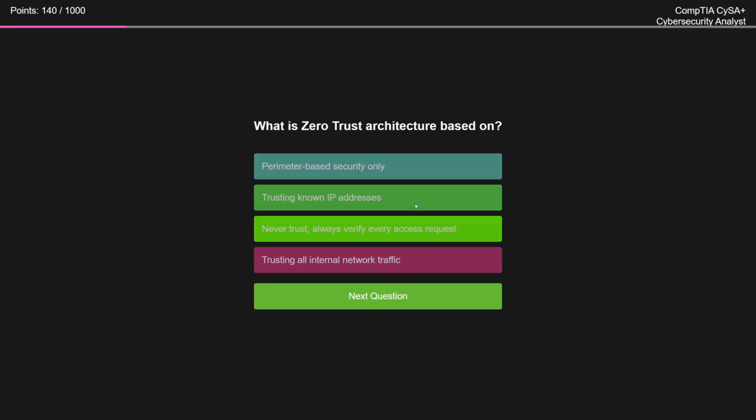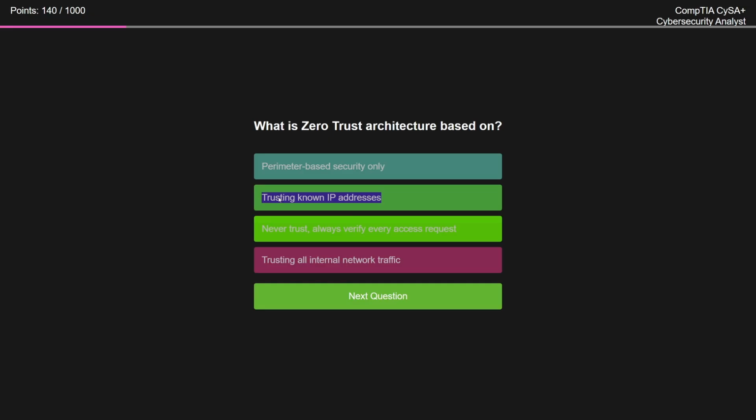Because these other ones are trusting all internal, trusting known. And while trusting known IP addresses does work some of the time, it doesn't work all the time, right? That's why we have never trust, always verify.